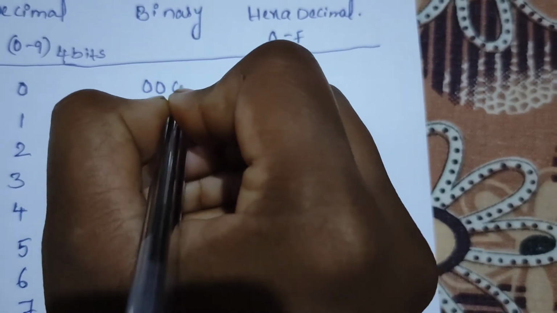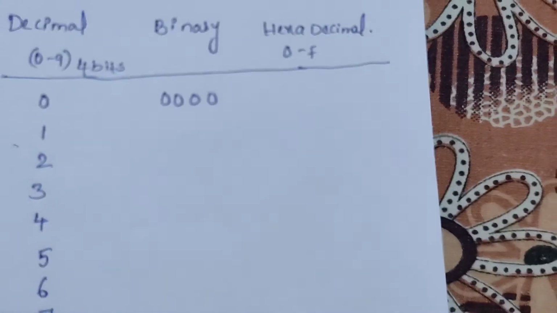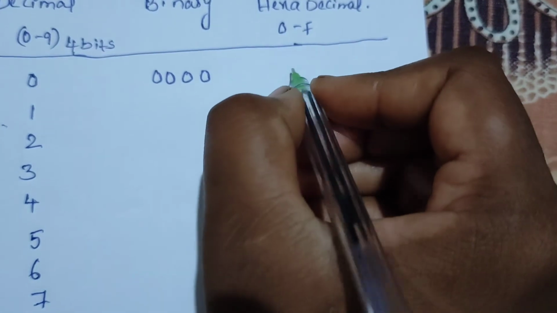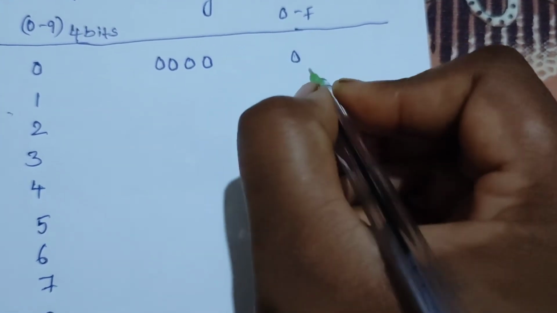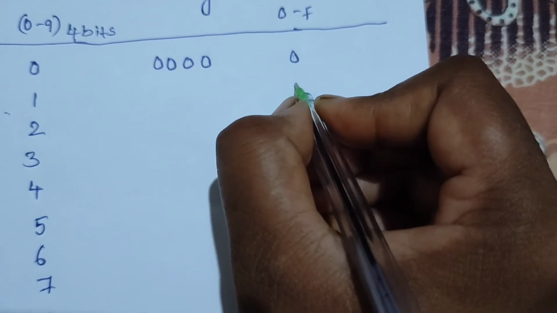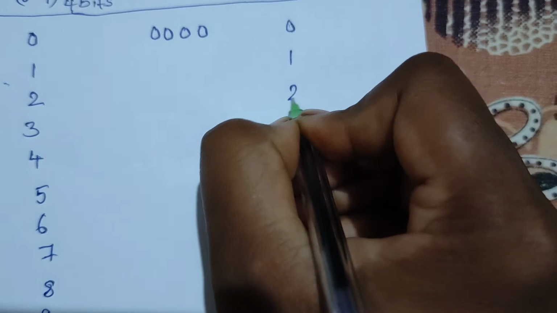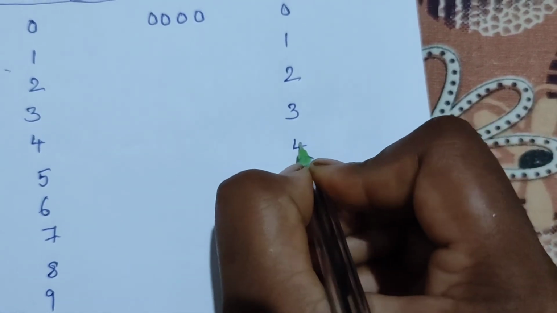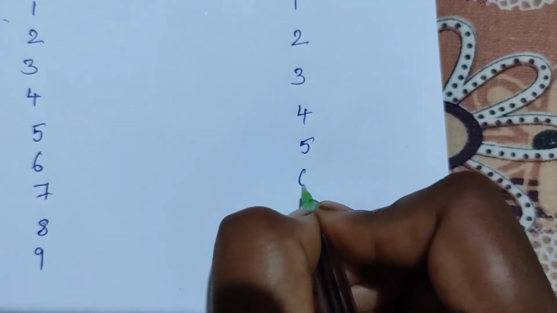It is represented in binary with 4 bits. So 0 is represented in binary as 4 zeros. So from 0 to 9, the hexadecimal is represented as decimal only, 0, 1, 2, 3, up till 9 it is in the decimal fashion only.